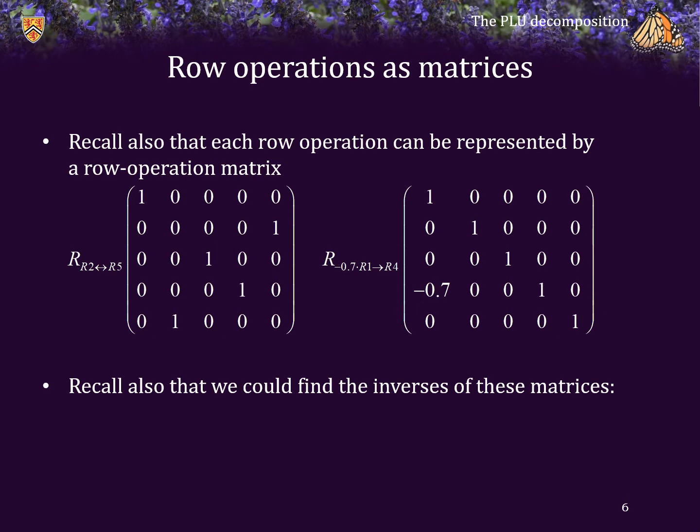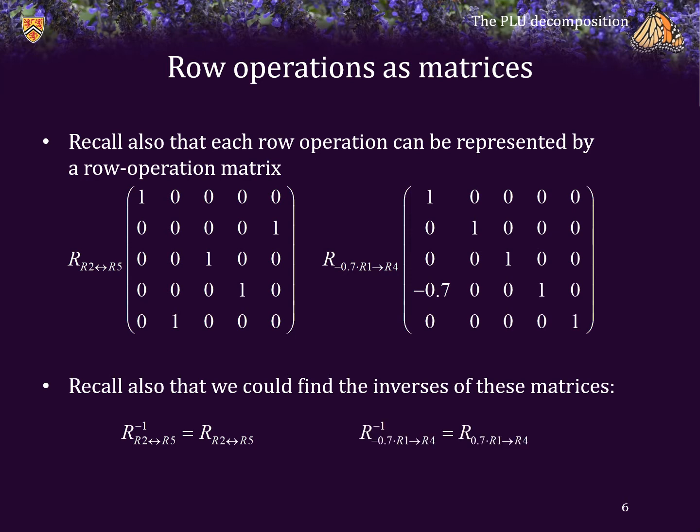Recall also that we could find the inverses of these matrices, the row operations that undid the row operations we just performed. So for example, we could find the inverse of swapping rows 2 and 5, which is just swapping rows 2 and 5 again. So the inverse of the matrix on the left is itself.